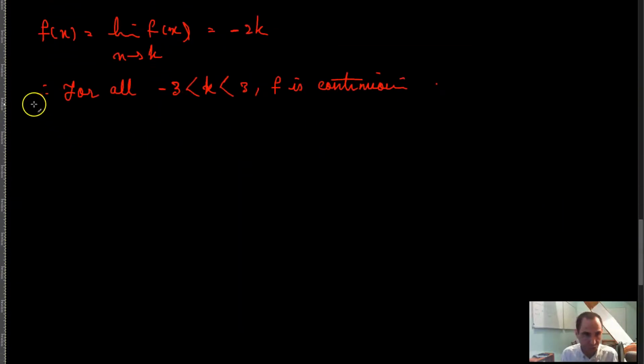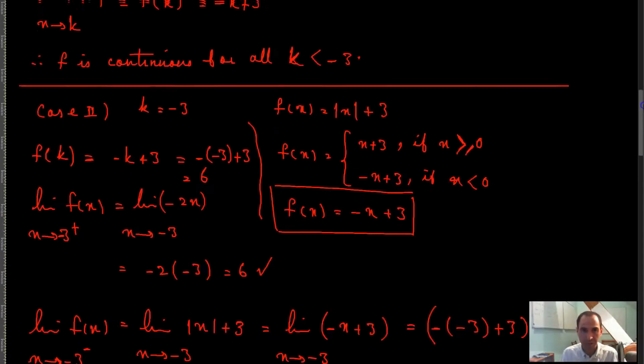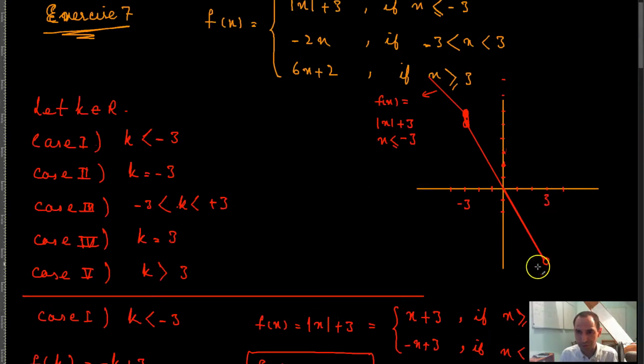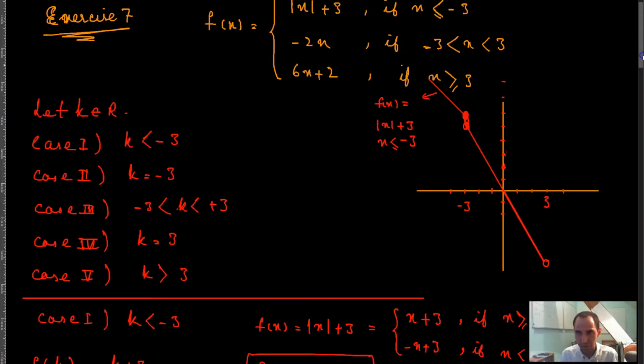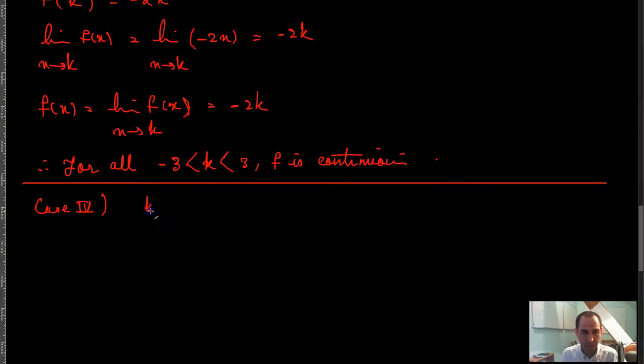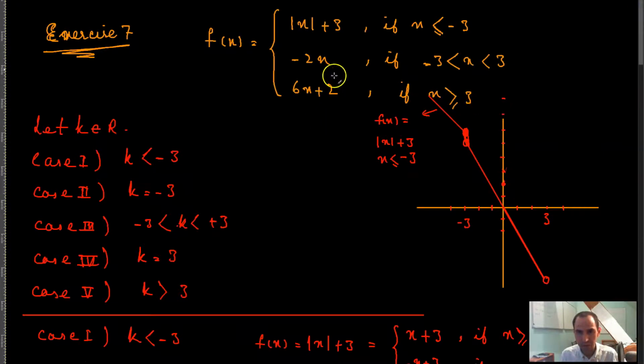Now case 4 is at a point, and the point is this point over here, which is at x equal to positive 3. k is equal to positive 3. If k is equal to positive 3, that means that f of x is equal to 6x plus 2.